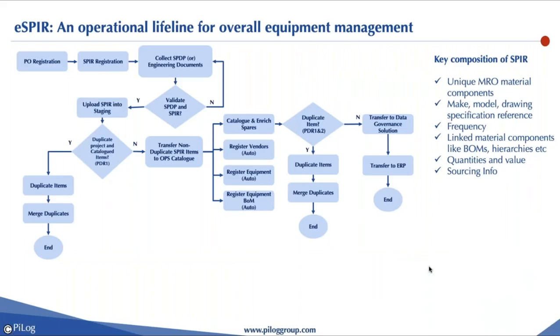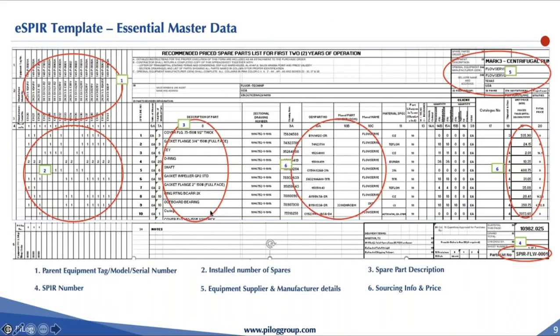So what we have seen from the previous slide, let me go back, is that once we have this information, parent equipment tag, model and serial number, it's the equipment register for us, and that's what we have seen in the previous session. If we have the spares and equipment link, that's actually the BOM information, the equipment bill of materials.